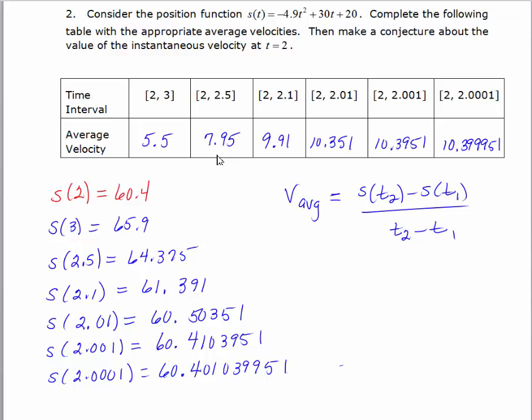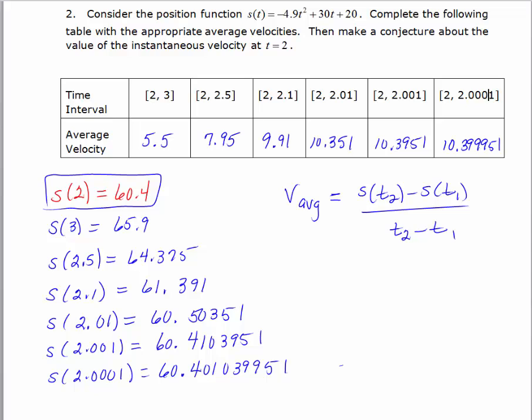So, writing down all of the values for the s of t sub 2's along with the value of s of t sub 1, and then plugging those values into the formula v average equals s of t sub 2 minus s of t sub 1 over t sub 2 minus t sub 1 gives us these average velocities.